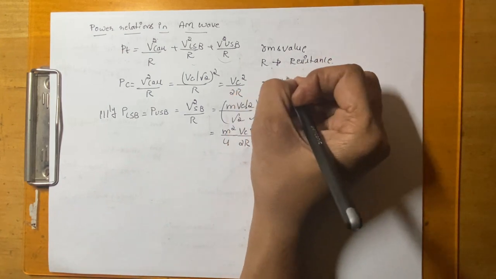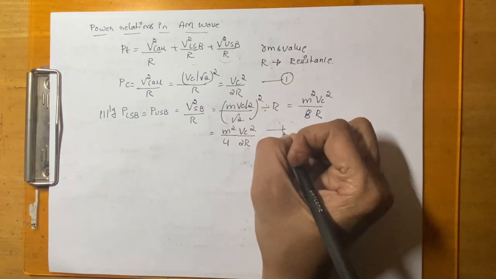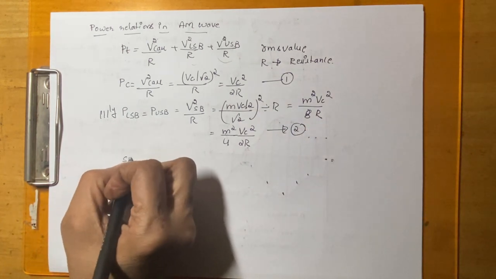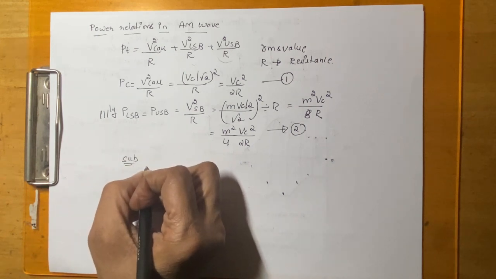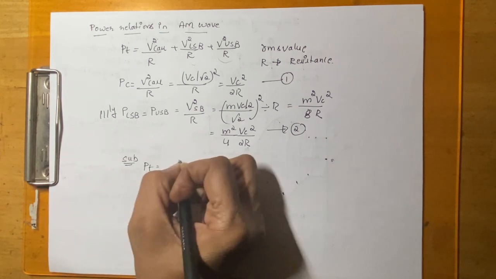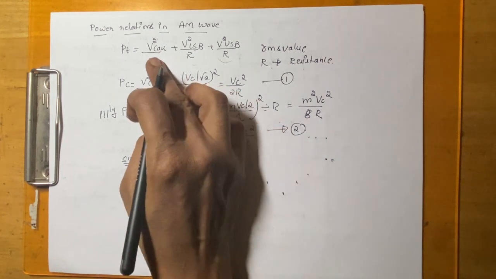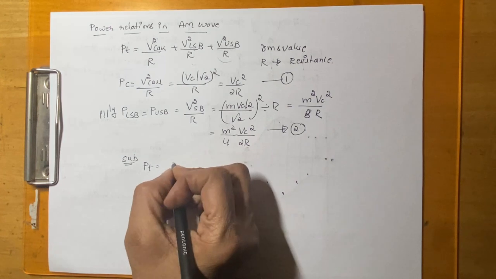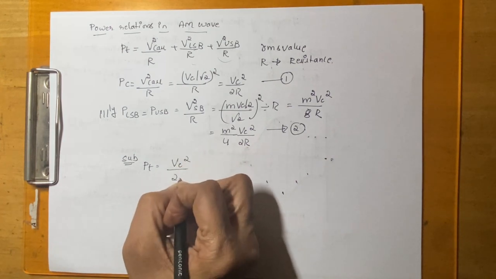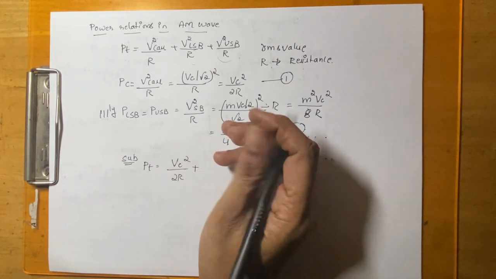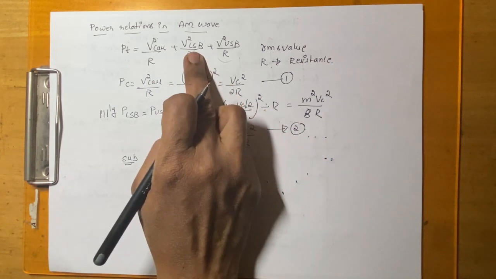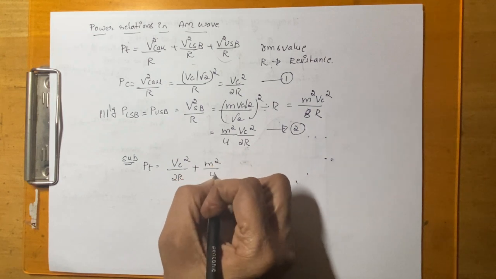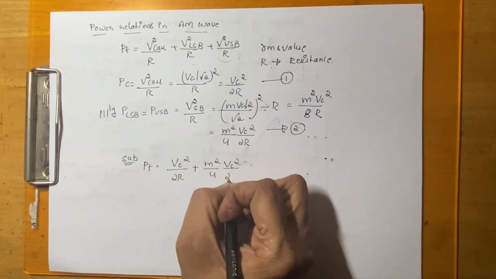Name this one as equation 1, this as equation 2. Now substituting these equations in Pt, we get Pt is equal to, V square carrier divided by R is given as Vc square divided by 2R. Then power of a lower sideband is given as M square divided by 4 Vc square divided by 2R.